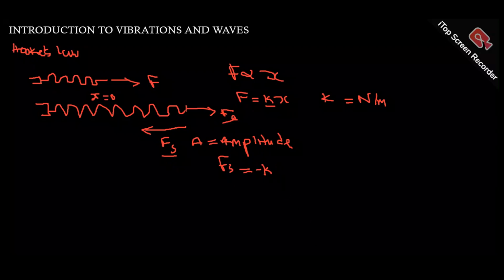Here still we're going to put the extension. The reason why it is negative is because it is opposing the motion. As we were applying the force, the displacement was in this direction, and the force is in the opposite direction. That's why it is negative.